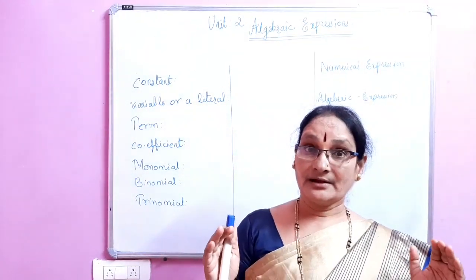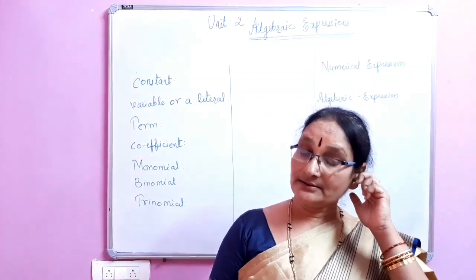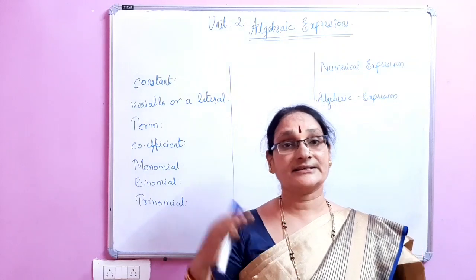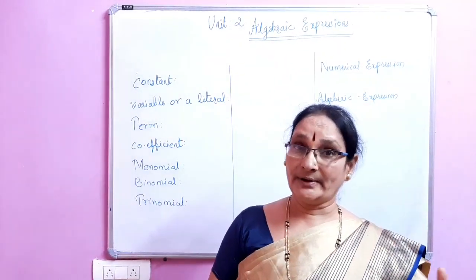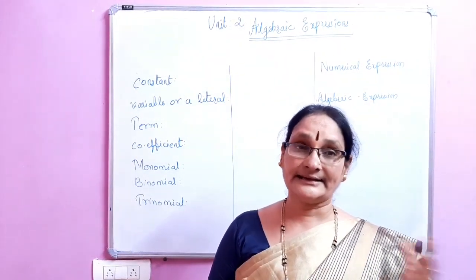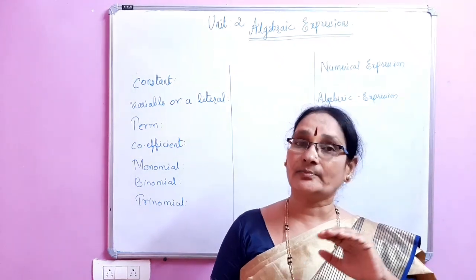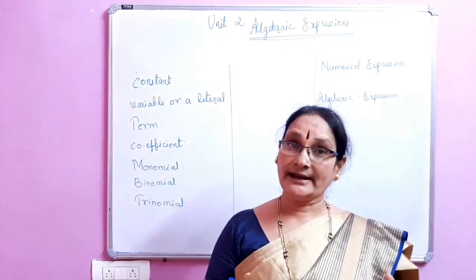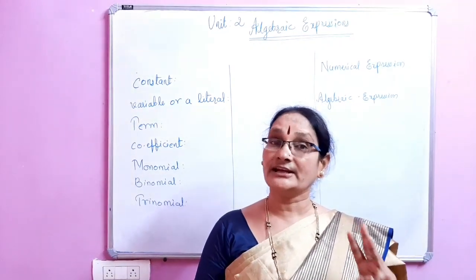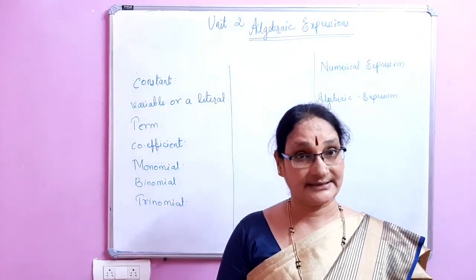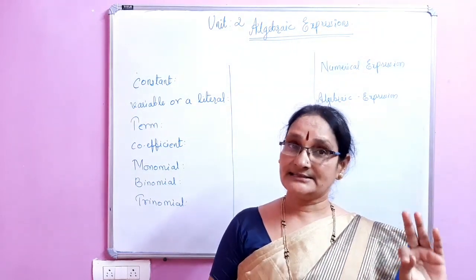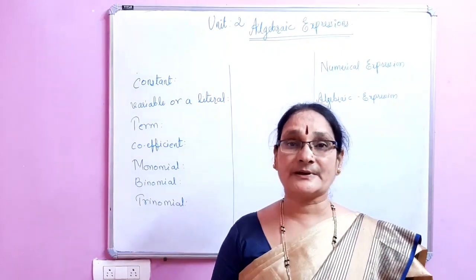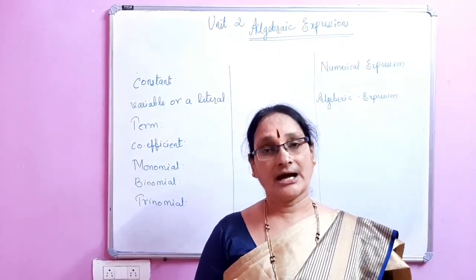For high school students, there are more branches, like trigonometry, calculus, and analytical geometry. But up to 8th standard, there are three branches in mathematics: arithmetic, algebra and geometry. This algebraic expression comes under the branch algebra.